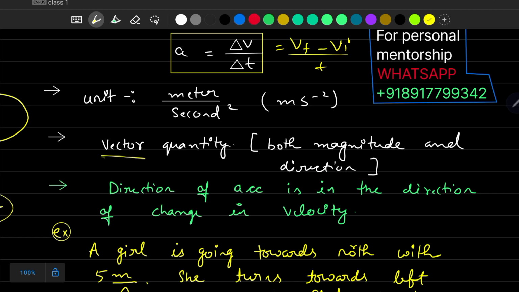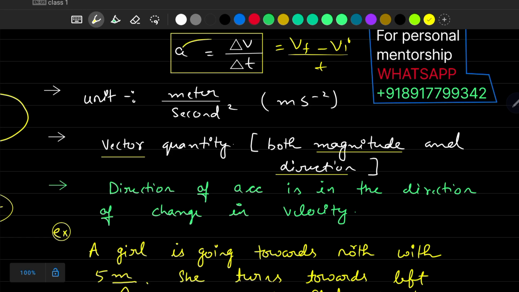What do you mean by vector quantity? It means it has both magnitude and direction. One more very important thing: sometimes students think that because acceleration is change in velocity upon time, the direction of acceleration is in the direction of velocity. Actually this is a wrong concept. Acceleration is not velocity upon time. Acceleration is change in velocity upon time.